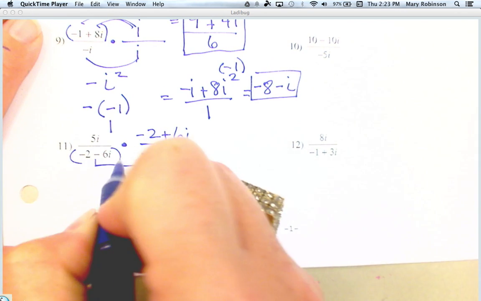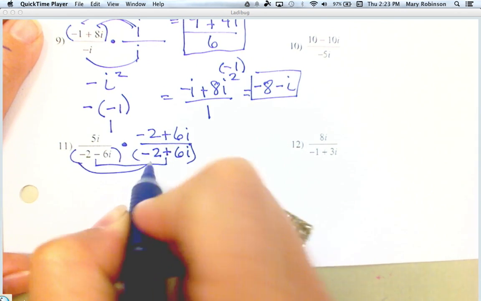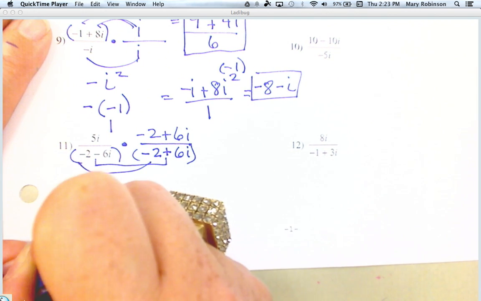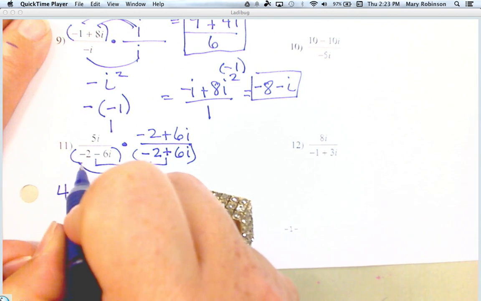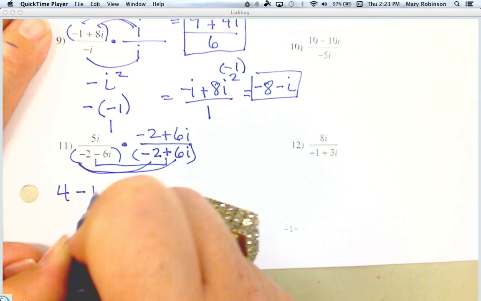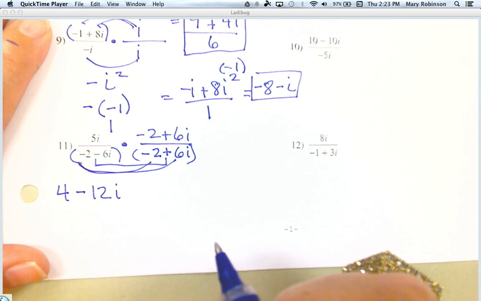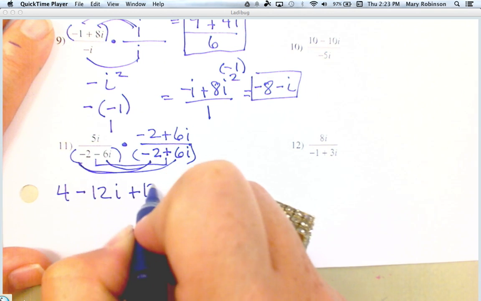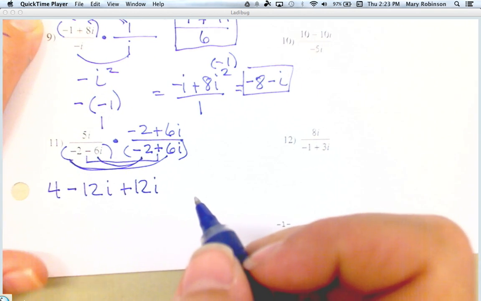Well, what's different here is when we multiply our denominators together, negative 2 times negative 2 is positive 4. Negative 2 times 6i is negative 12i. Negative 6i times negative 2 is positive 12i.